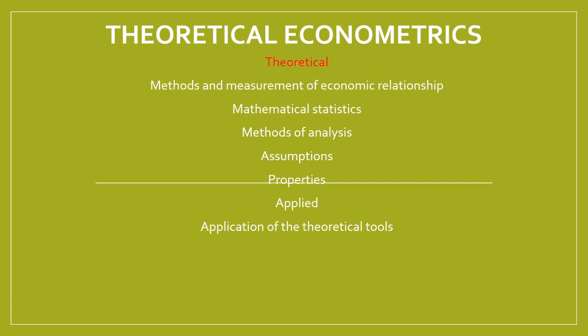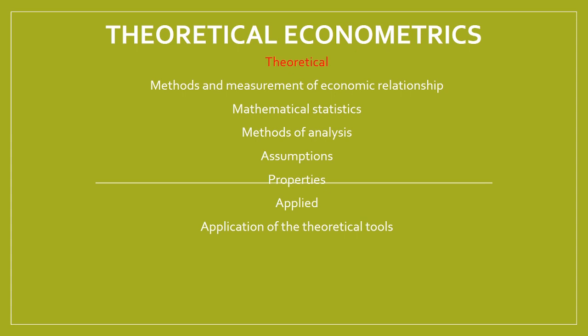In applied econometrics, we use the tools of theoretical econometrics to study some special field of economics or business, like estimating the production function, investment function, supply function, portfolio theory, etc. Here in applied econometrics, it is the application of theoretical econometrics. So tools developed by theoretical econometricians are used for applied econometrics.